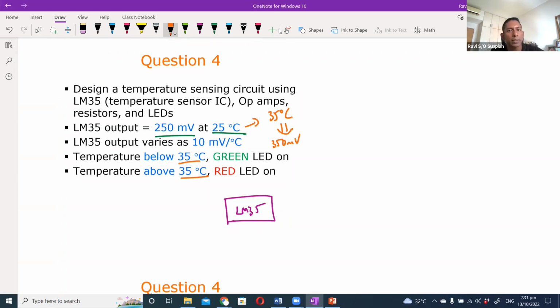So we are to design a temperature sensing circuit using the LM35, op amps, resistors, and an LED, to detect 35 degrees Celsius. That means we want to detect 350 millivolts. 350 millivolts is a very small voltage. If I try to build a comparator to detect 350 millivolts, getting it accurately is already a challenge, and your signal is always susceptible to noise.